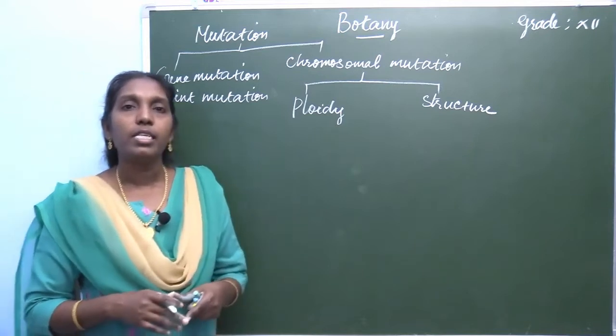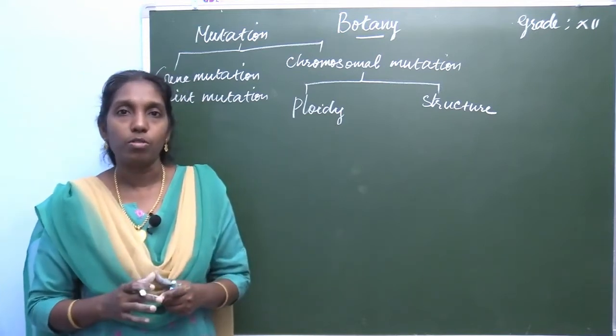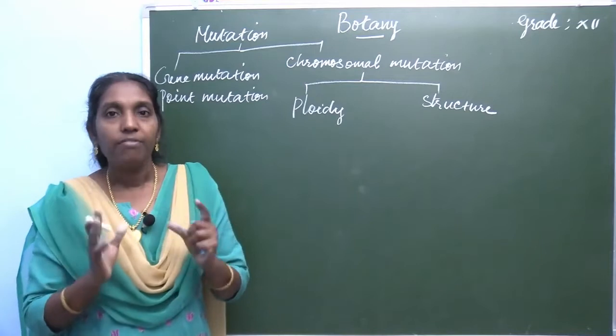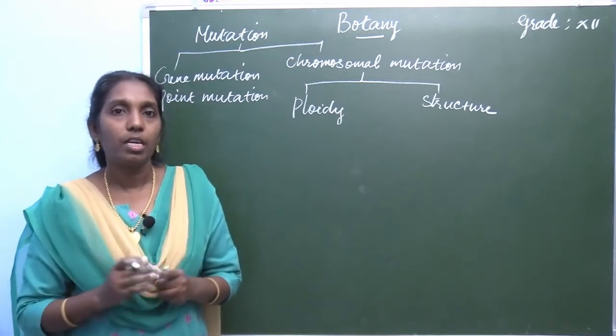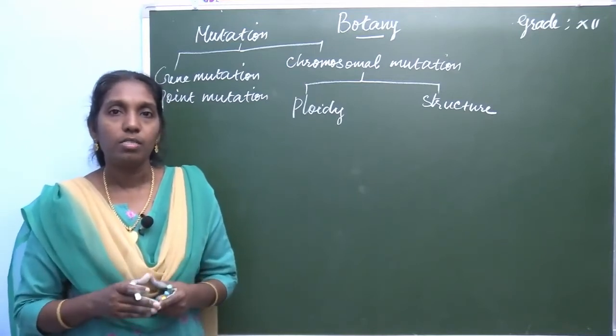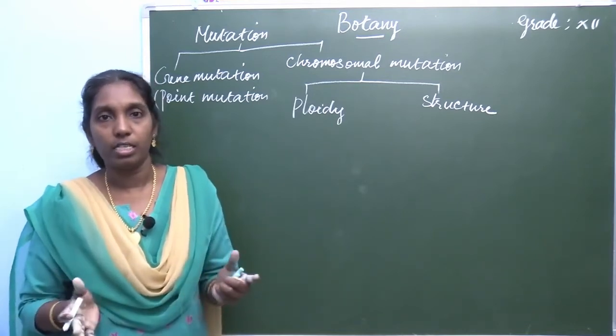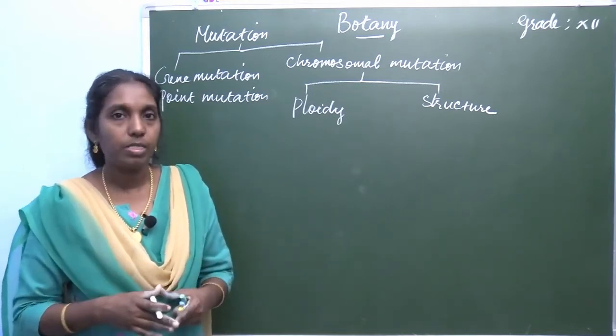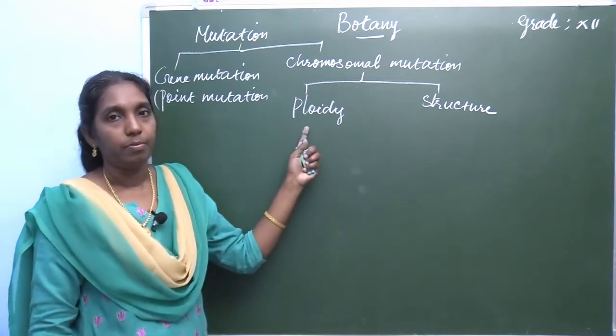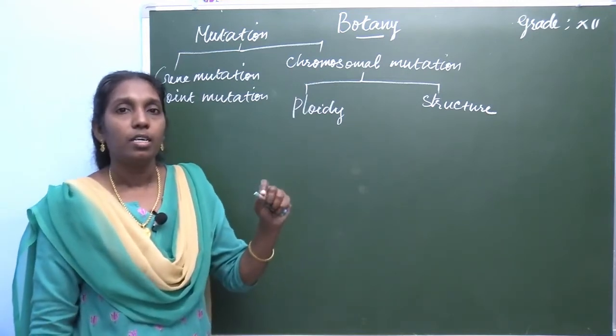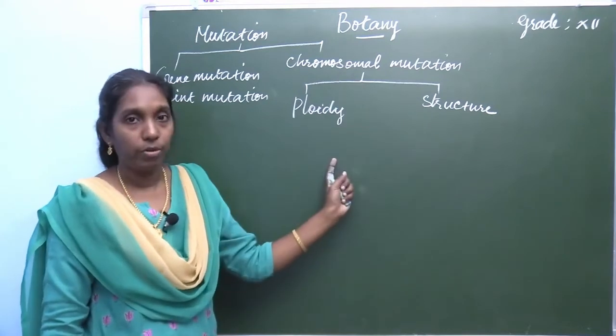You all know there is a basic set of chromosomes. There is a definite set of chromosomes within an organism. All organisms possess a fixed number of chromosomes. It cannot be altered or changed. If any alterations are observed, that's called ploidy. So this ploidy can occur in chromosomal mutation.